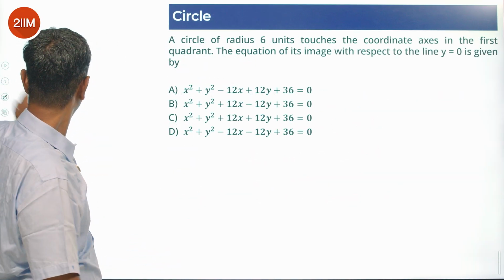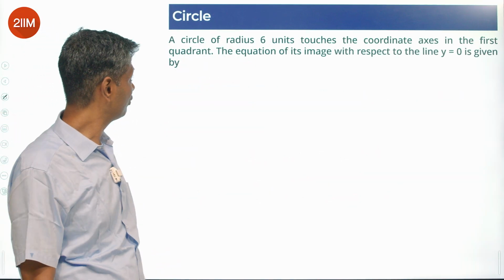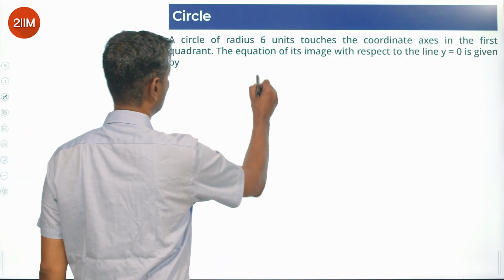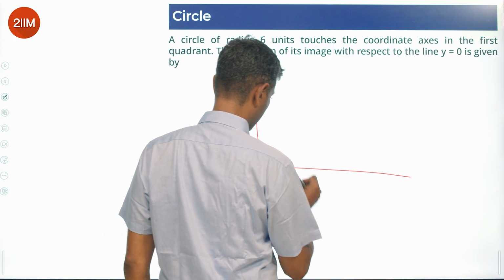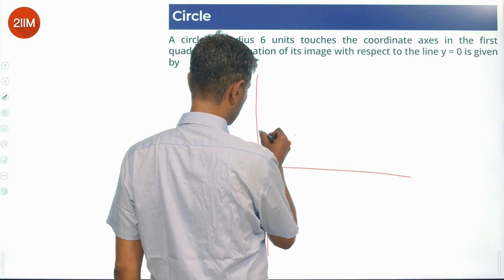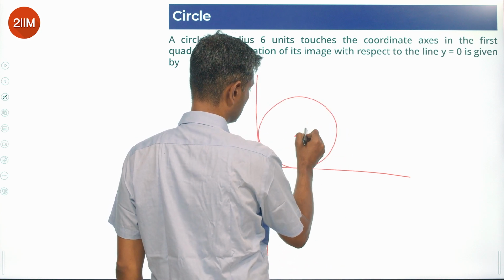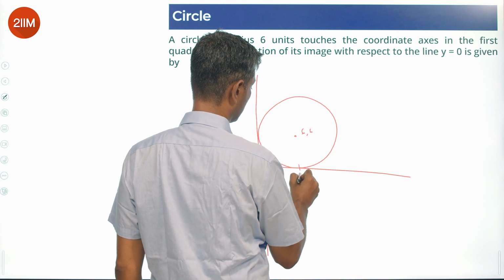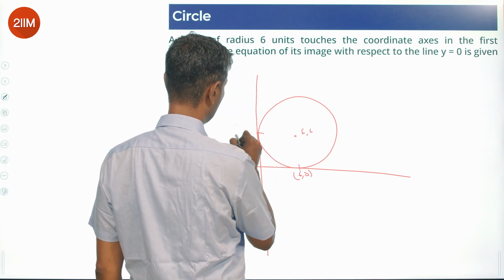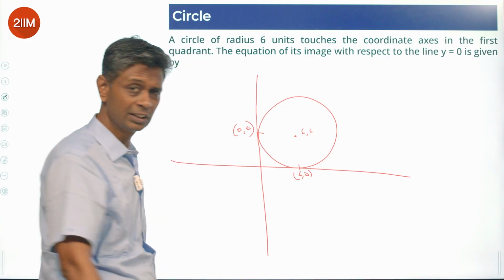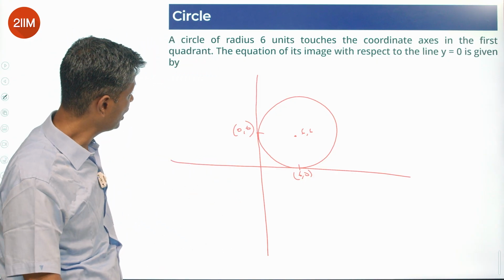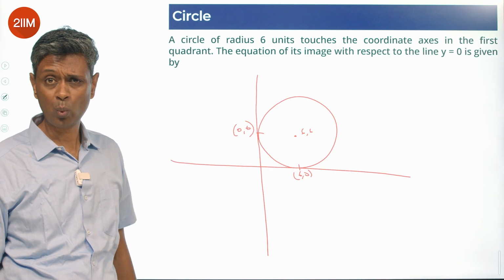A circle of radius 6 units touches the coordinate axis in the first quadrant. Radius is 6, so center is 6 comma 6, touches at 6 comma 0 and 0 comma 6. Nice. The equation of its image with respect to the line y equal to 0.